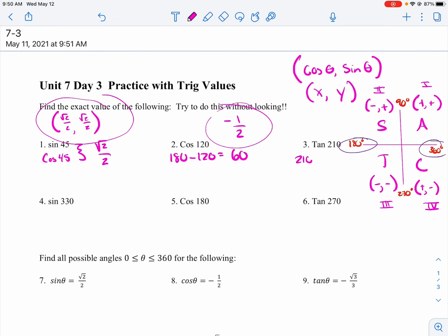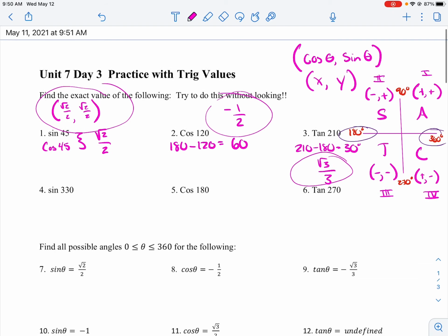So I'm going to go 210 minus 180, which will give me 30. So my reference angle for the tangent of 210 is 30 degrees. And then we have to think, what is the tangent of 30 degrees? Well, that's square root of 3 over 3. And then because we are in the third quadrant, our tangent value is positive.